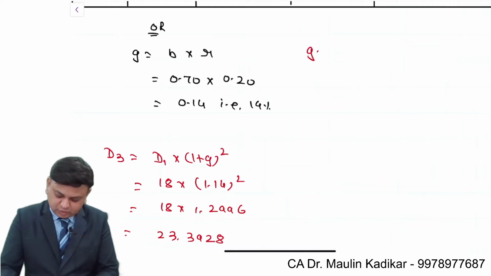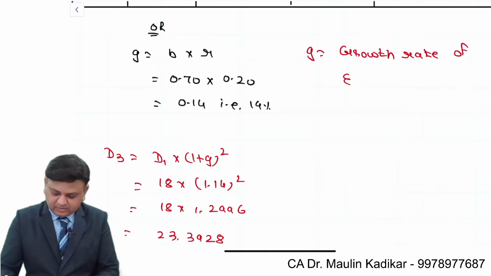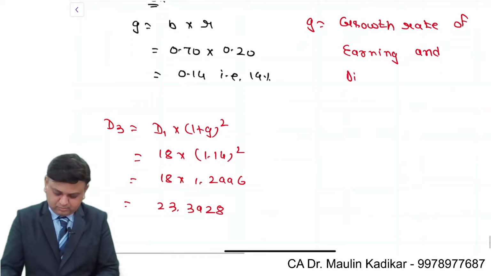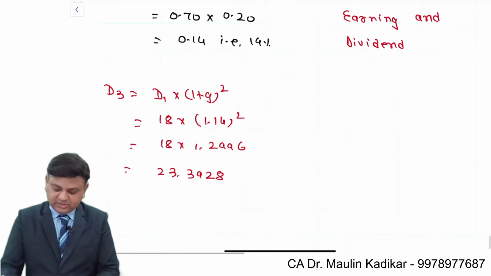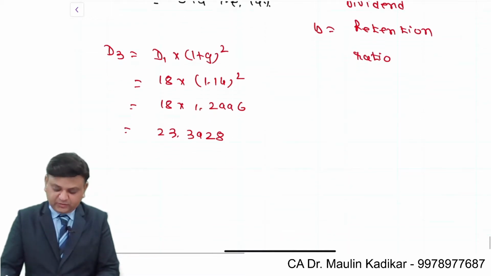G stands for growth rate of earning and dividend. B stands for retention ratio. And R stands for rate of earning of the company.